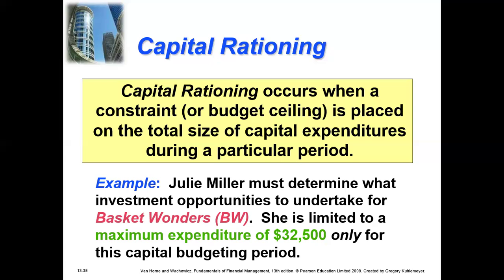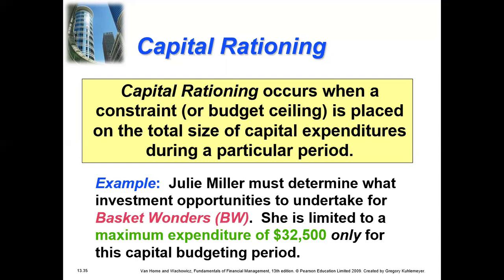We can do one example to understand this concept. As you can see on the slide, Julie Miller must determine what investment opportunities to undertake for Basket Wonders. Basket Wonders is a company, BW, and she has a limited budget of $32,500.